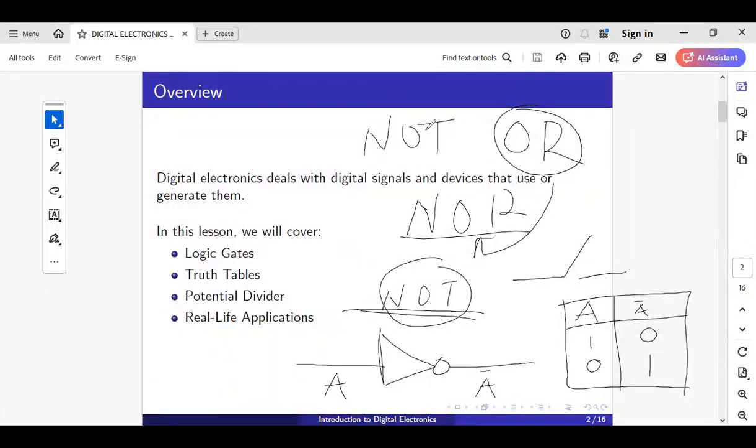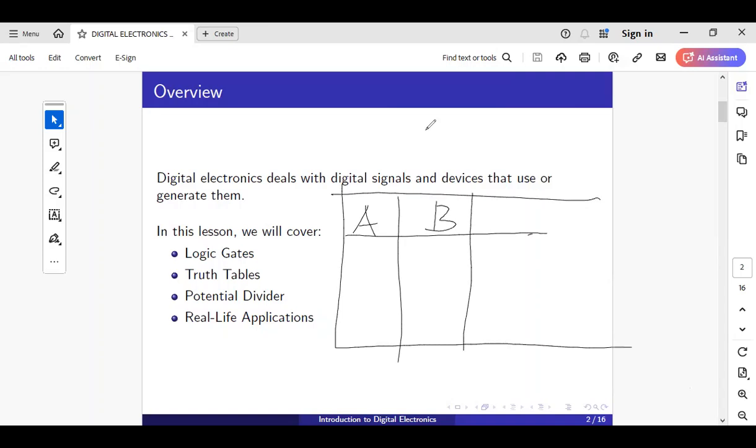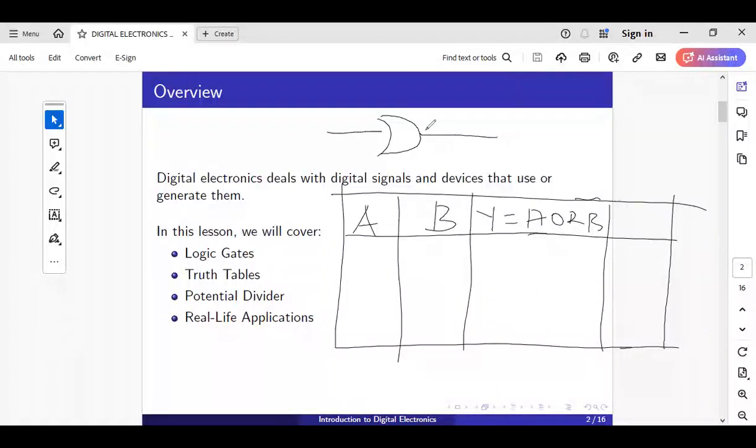We mentioned the other time that if I have my inputs A and B, the output Y is A OR B. The OR means the OR gate. What is the symbol for the OR gate? The OR gate is like that.